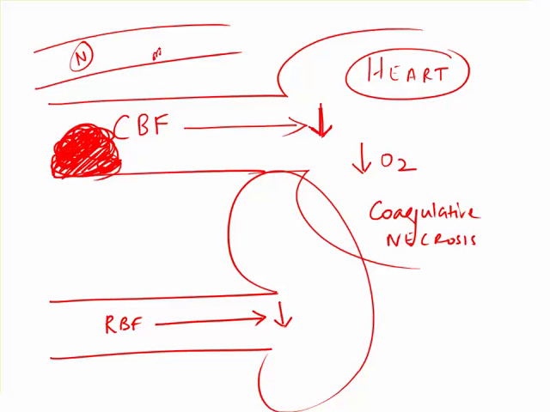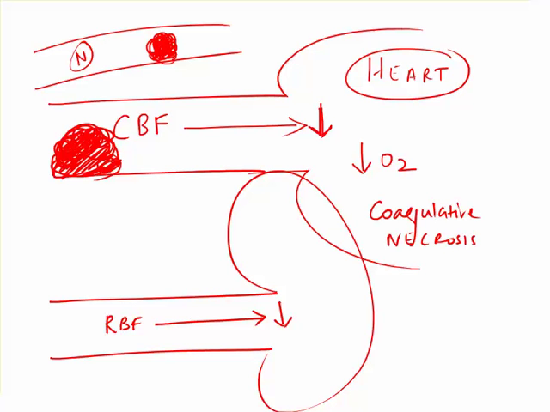Here thrombi are forming, which is called occlusion. The blood flow is occluded because of thrombi. That will produce ischemia, ischemia will produce hypoxia, and hypoxia will produce coagulative necrosis if it is not the brain. This whole process we name in a single word: infarction.